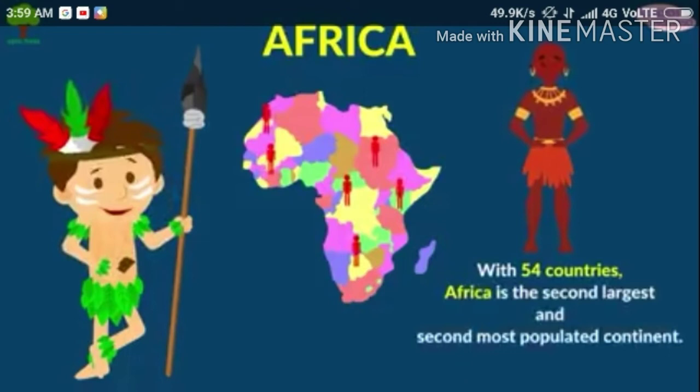The highest mountain is Mount Kilimanjaro, and the largest lake is Lake Victoria, also located in Africa. There are huge deposits of gold and diamond in South Africa, which has made this region very rich.